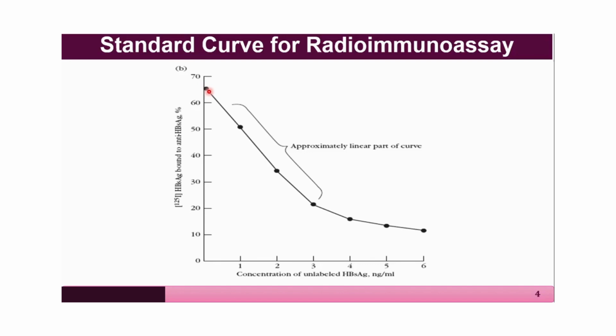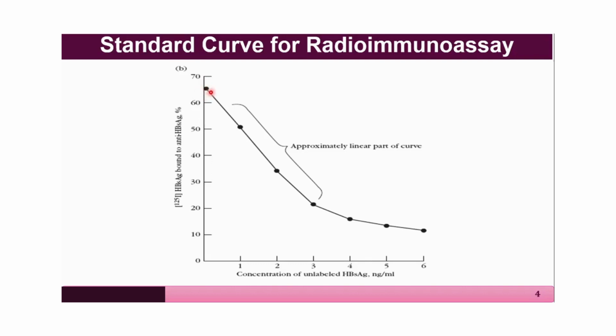Almost all FAB sites of the antibody are occupied by the labeled hepatitis B antigen. Therefore, the highest amount of count of the radiation will be emitted, and there is no unlabeled antigen. It will be 0. So, it will be somewhere here.